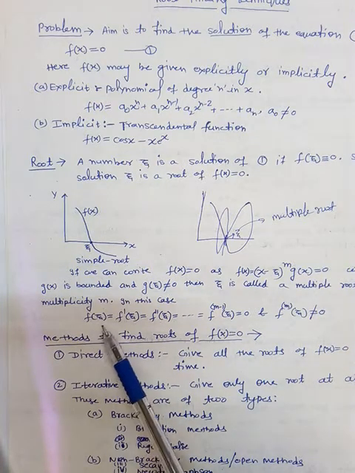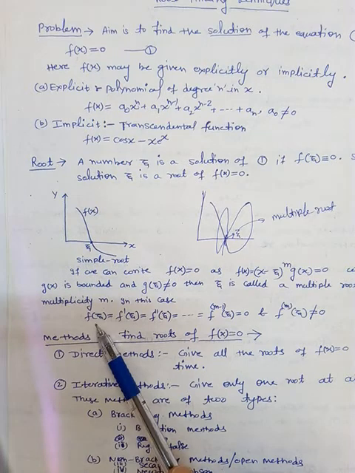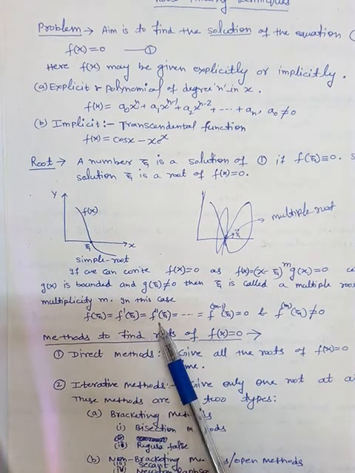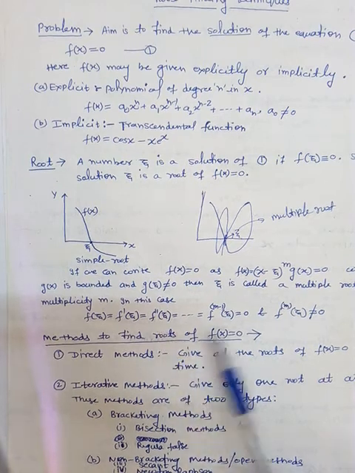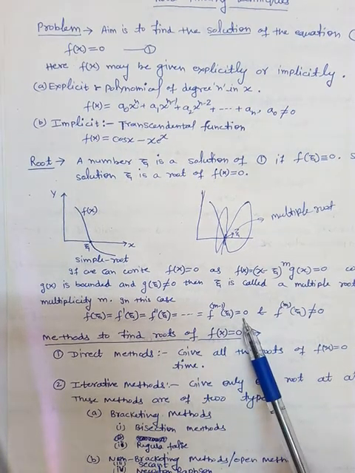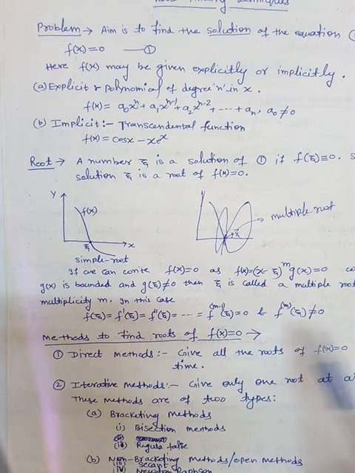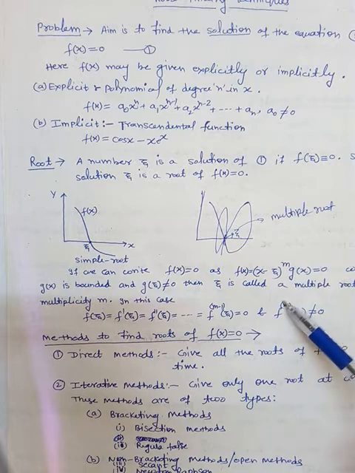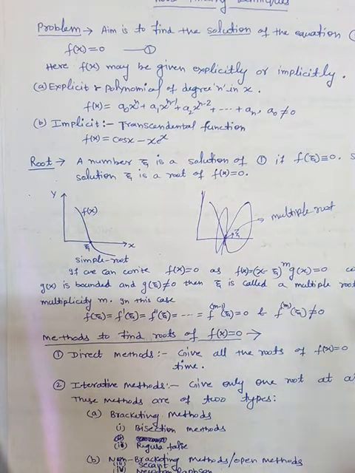Just put x equal to xi, and you will get 0. The first derivative is 0, the second derivative is 0, and the (m minus 1)th derivative is 0. But if the mth derivative of the function at xi is non-zero, then obviously you can say that m is the multiplicity of the root, and you can write f of x in this form.